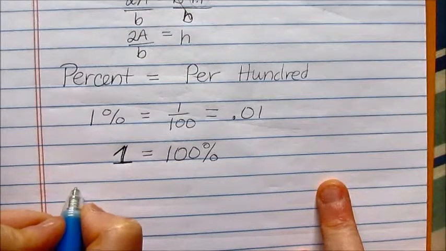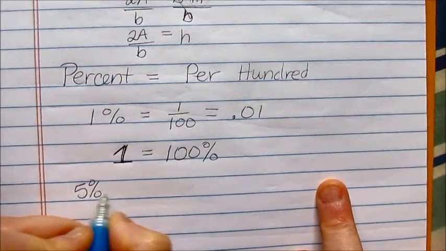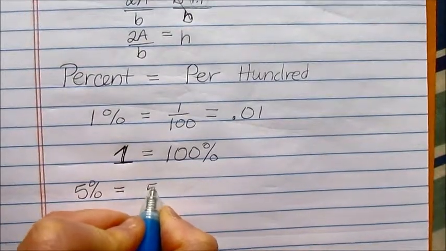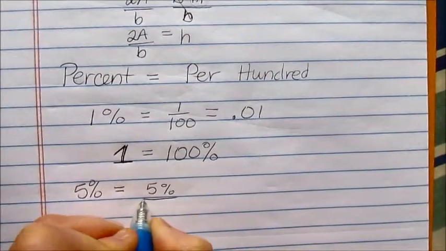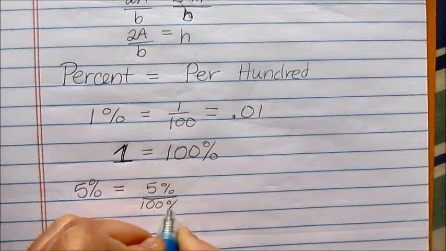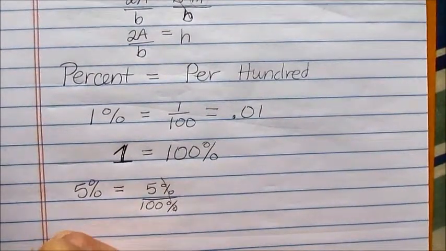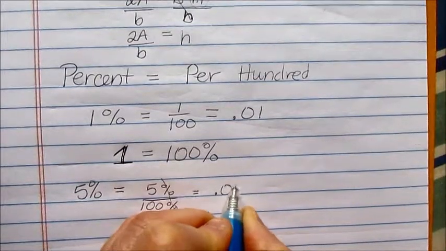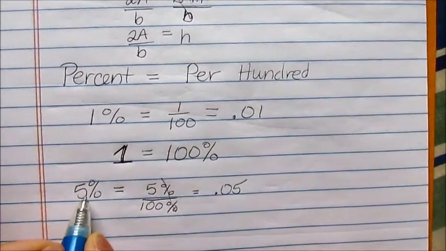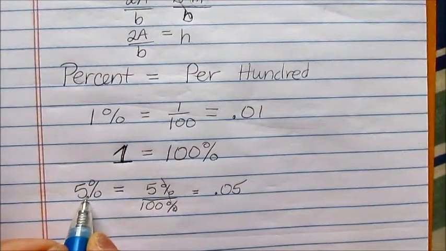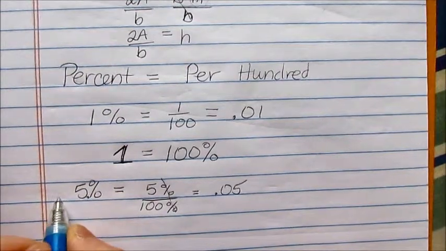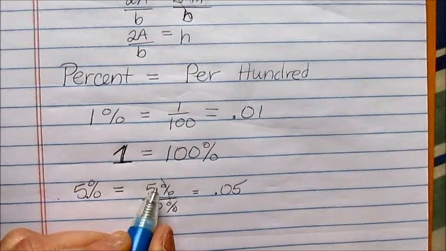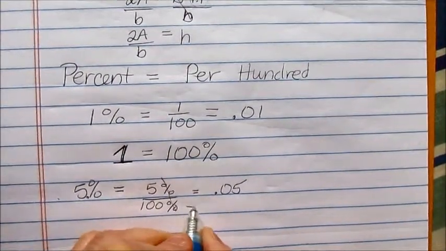So 5%, let's say 5%. We can divide by 100%. That's where the percent signs go. 5 over 100 can be written as a decimal of 0.05. Now, I'm sure you were told to move the decimal over 2 places to the left and drop the percent sign. This is why: we're dividing by 100.